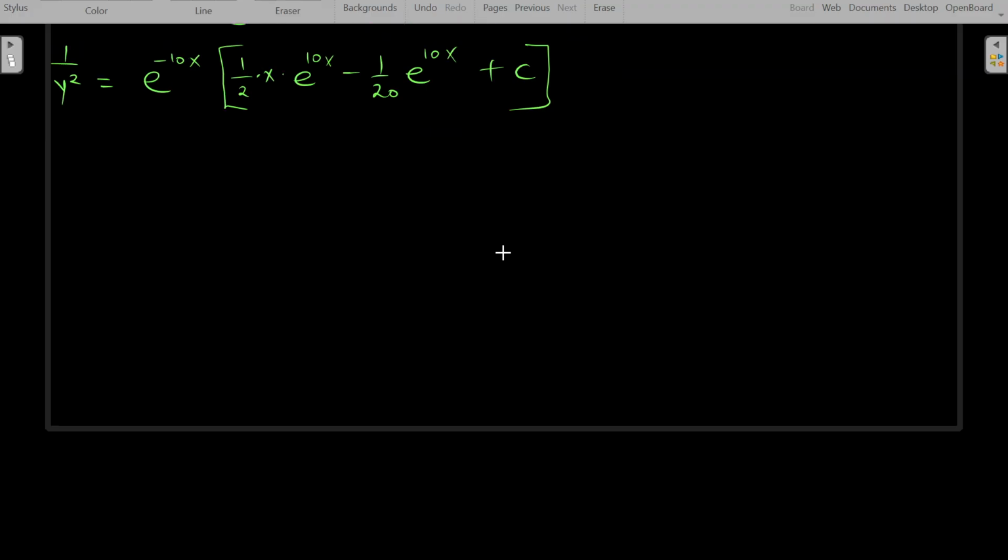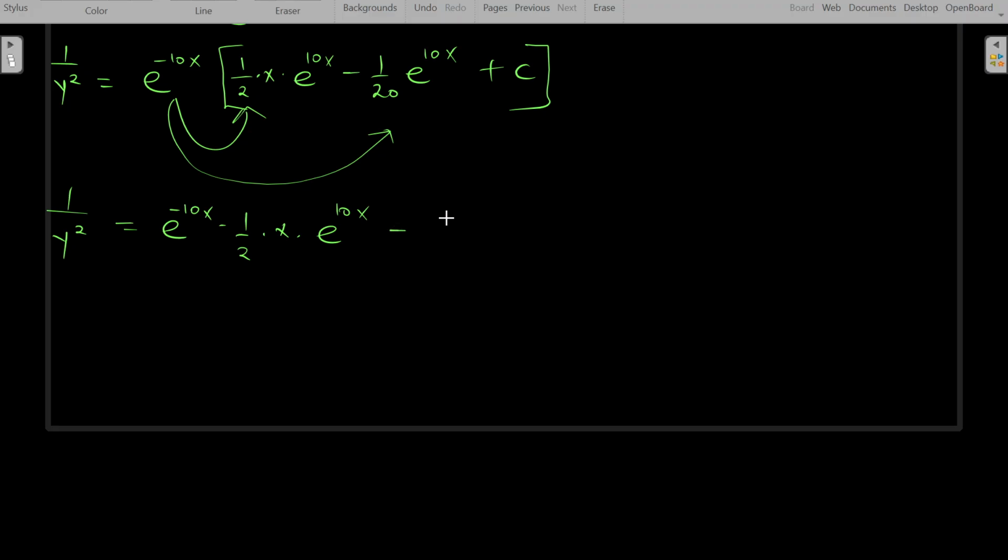So let's distribute these to this part. I'll say 1 over y squared should give me e raised to negative 10x multiplied by a half multiplied by x multiplied by e raised to 10x, then minus 1 over 20 multiplied by e raised to negative 10x multiplied by e raised to 10x. Then I'll add e raised to negative 10x multiplied by a constant c.